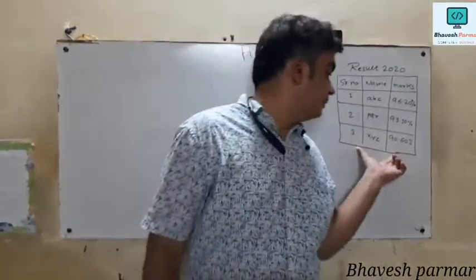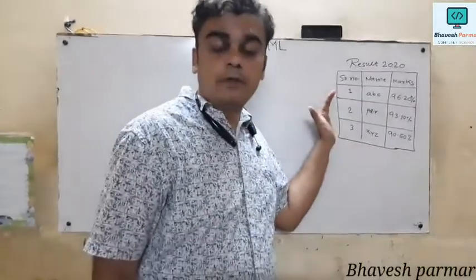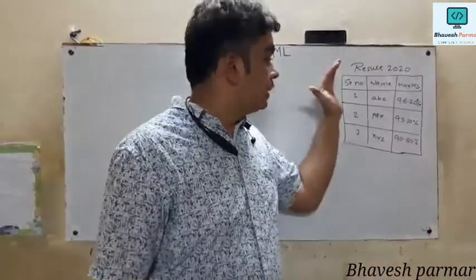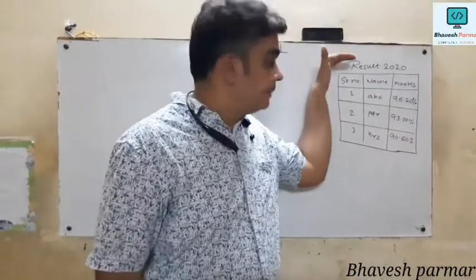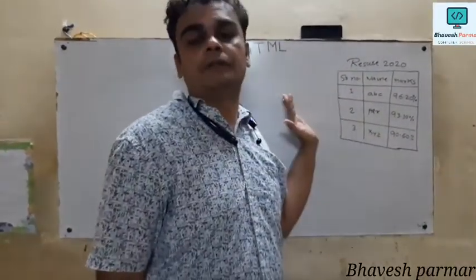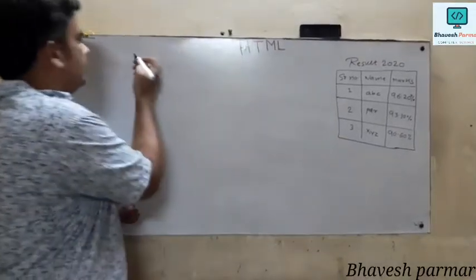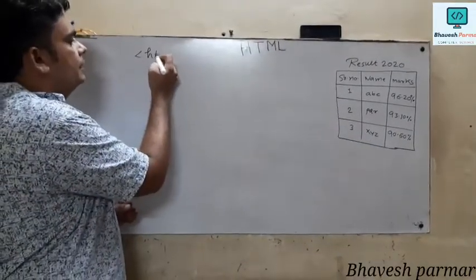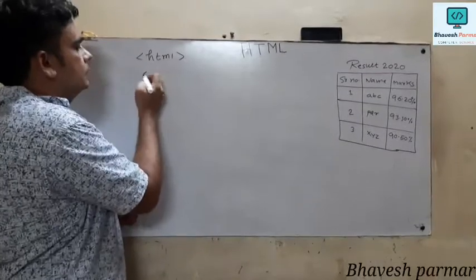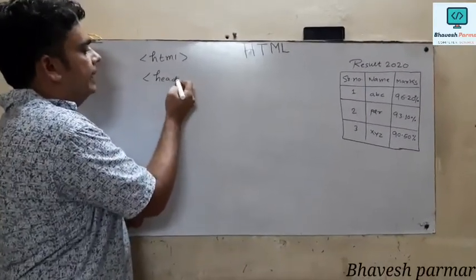This is the table given in our question paper. Now what we have to do is write the HTML code to display this table in our web page. So how can we write? For that purpose we start our program with the HTML tag, then we use the head tag.